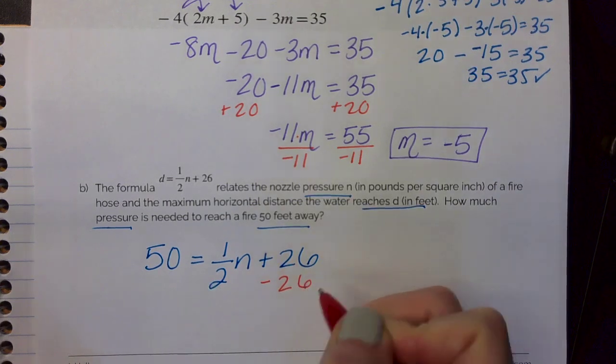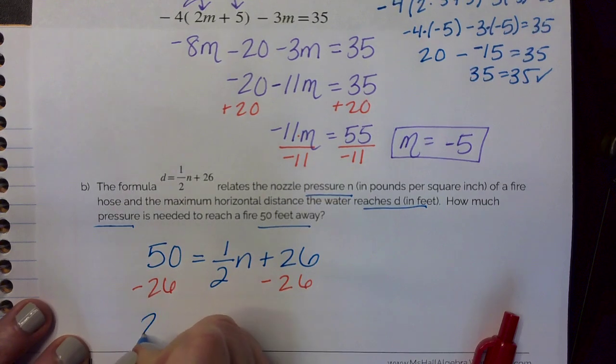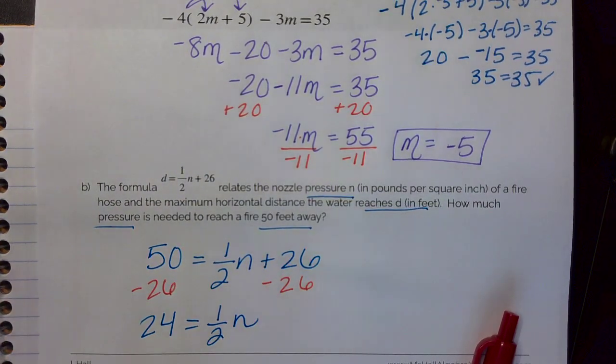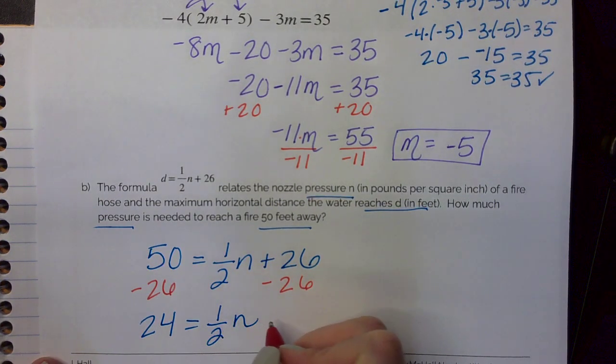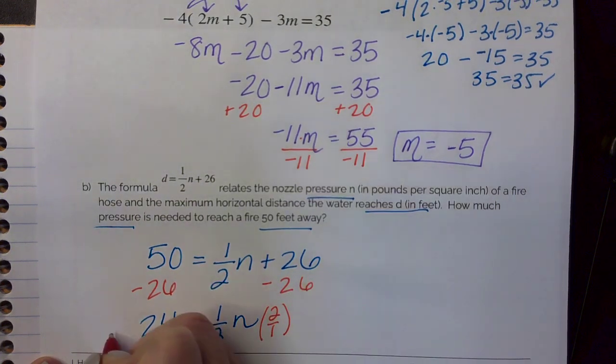Let's subtract 26 from each side. We end up with 24 equals 1/2 N. The inverse of multiplying by 1/2 is multiplying by 2 over 1.